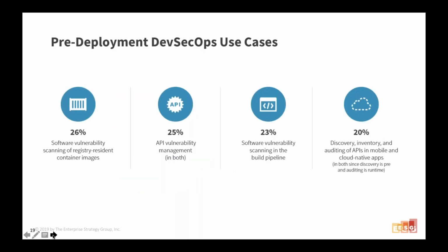Okay, let's double click a little bit and get a little more specific. In this survey, we asked whether respondents started implementing security use cases in the DevOps processes pre-deployment or at runtime. It was basically a jump ball. So you can get on the secure DevOps train at either stop. Both are legitimate. I think, as an industry, we've associated the term DevSecOps with the notion of shift left.